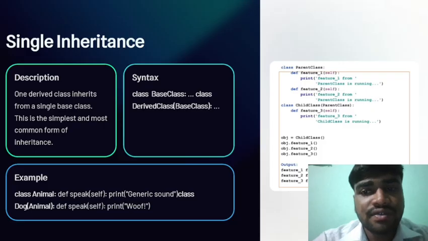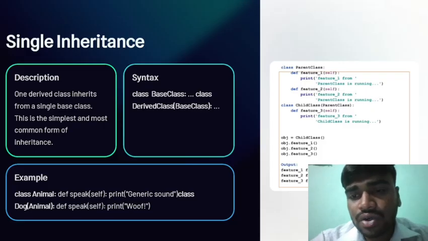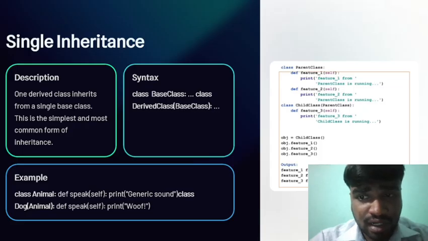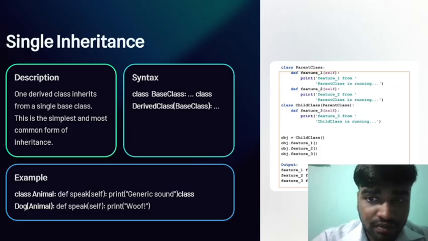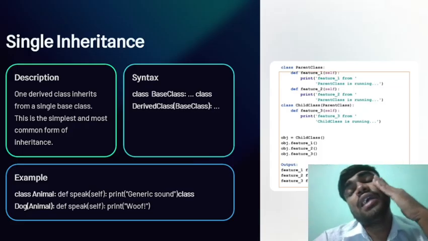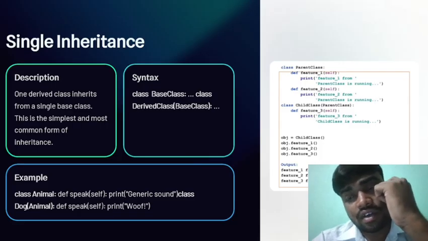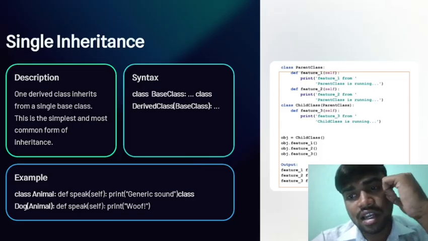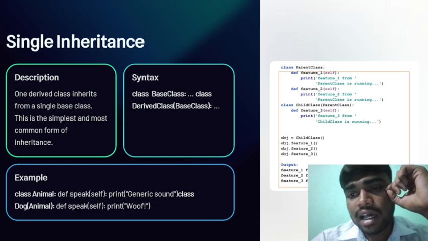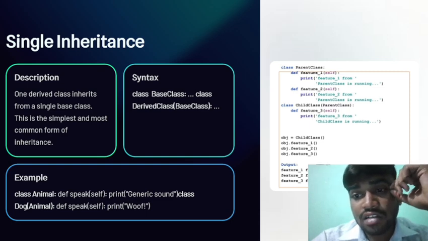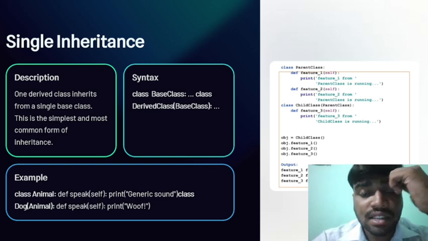Parent class gives the information. In the parent class, by defining a method we wrote a print statement, feature 1 from parent class is running. In the child class also we wrote a print statement.